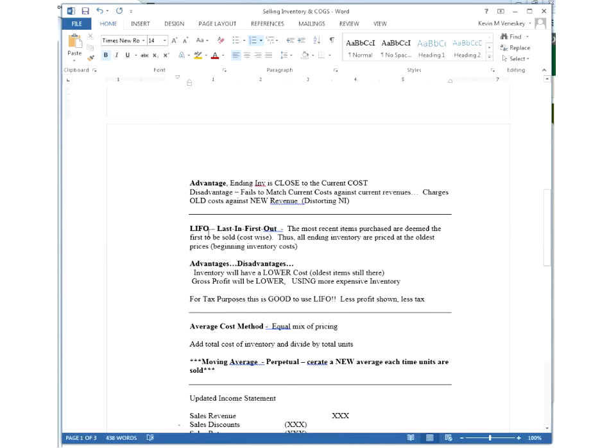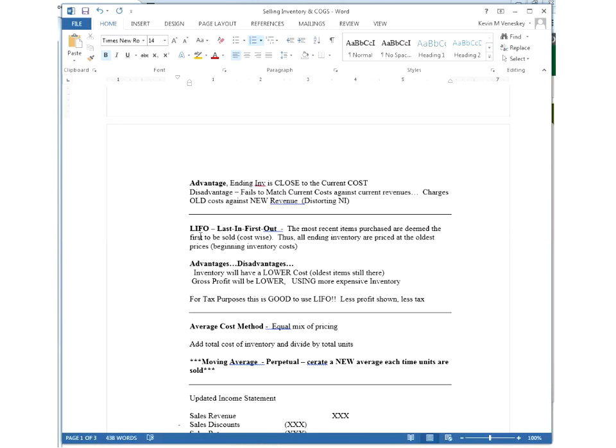And then we have the LIFO method, which is just the opposite, last in, first out. So the items we just purchased, maybe in the technology division, this really works well. Items you just purchased, like say an Xbox One, when they first come on sale, those are going to generally be the ones that are sold. The Xbox 360s that are a little older version, yeah, those are still going to sell, but not quite as fast as the Xbox Ones.